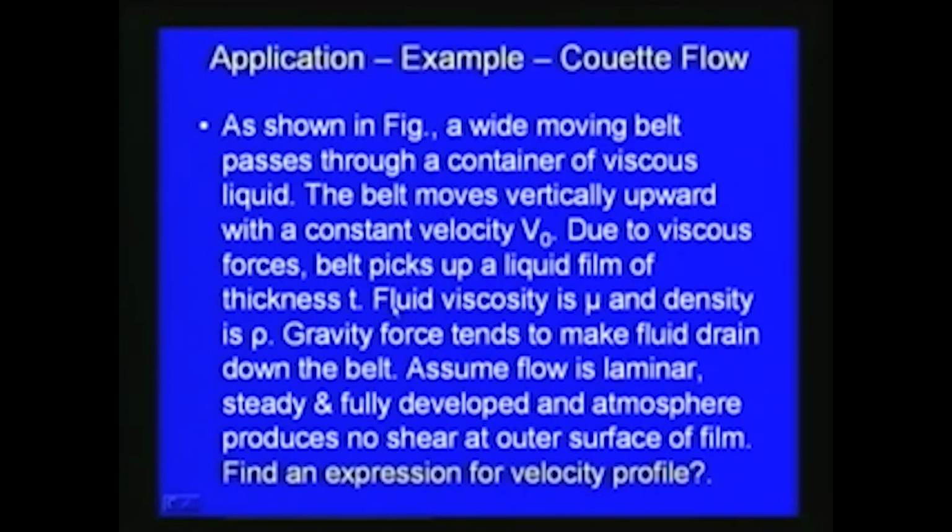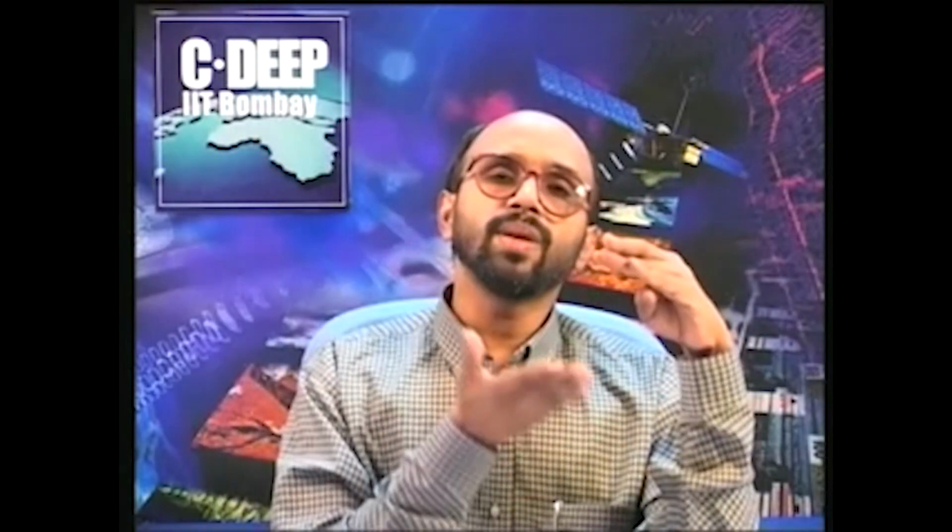So, this is a practical case: wherever a bath of chemical or a tank of chemical in fluid form is kept, we pass a belt through it, and that belt will be carrying some liquid. The belt is now the moving plate, and the bottom of the tank is the fixed plate.